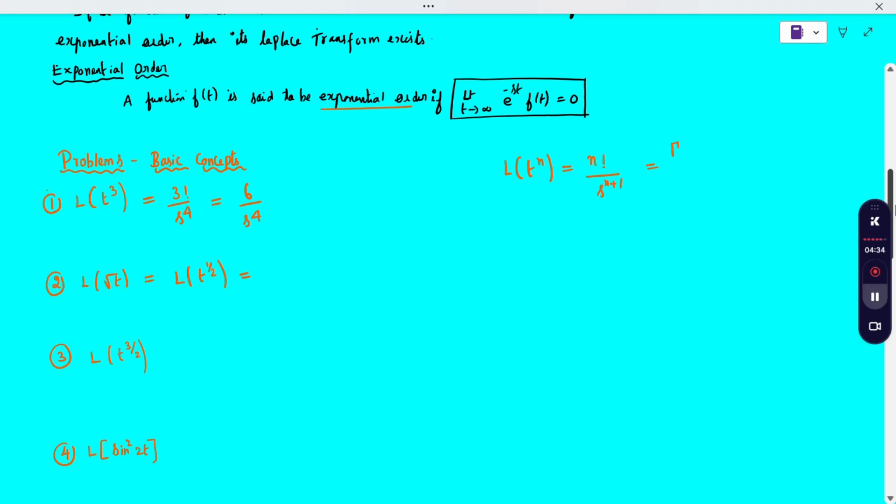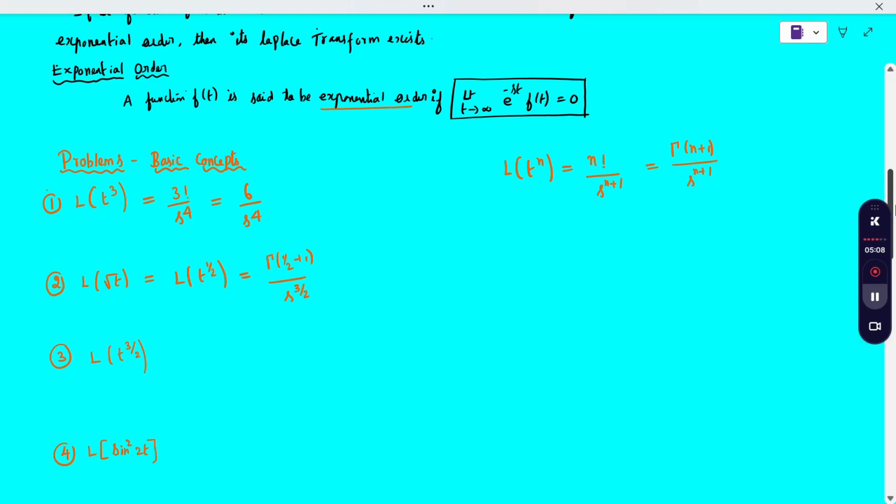In some cases I can use n factorial directly, but when it is a fraction, you have to use the gamma formula only. So gamma of n plus 1 divided by s power n plus 1. Now n is a half. So half plus 1 we have to calculate and write. So gamma of half plus 1 divided by s power half plus 1, so 3 by 2.